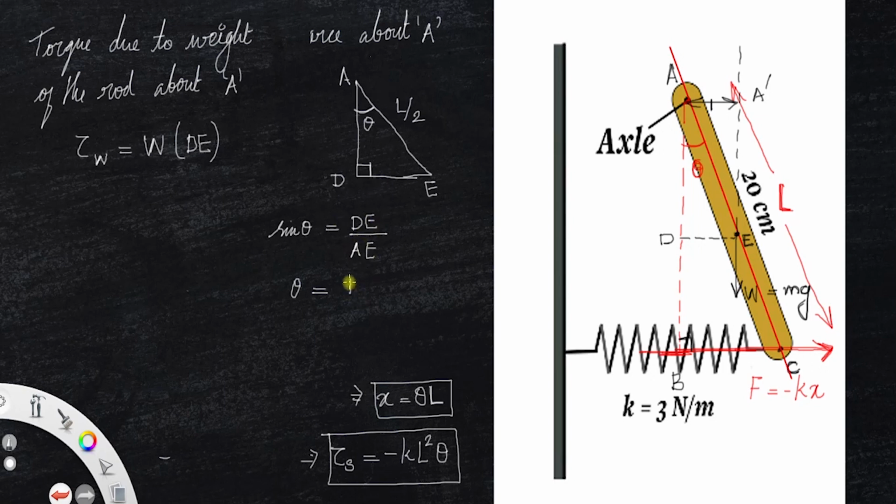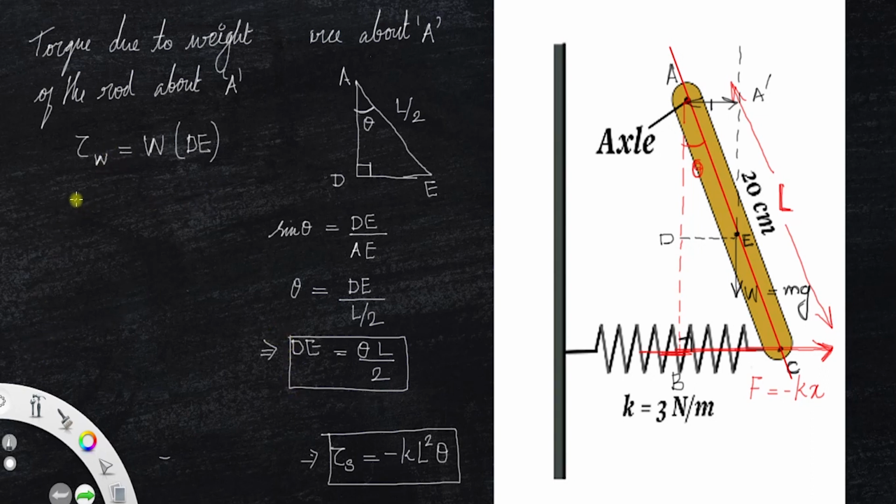DE divided by AE, which is L by 2, gives DE equal to theta into L by 2, or you can write theta L by 2. So this is the expression for DE.